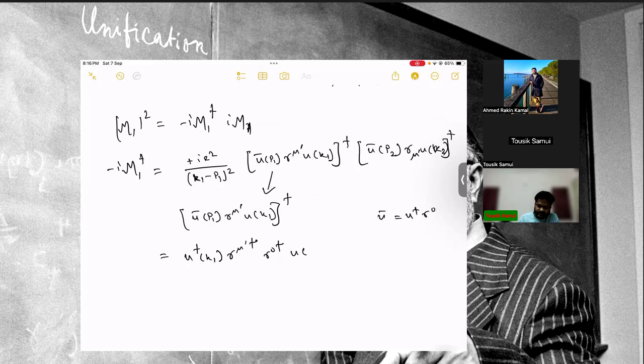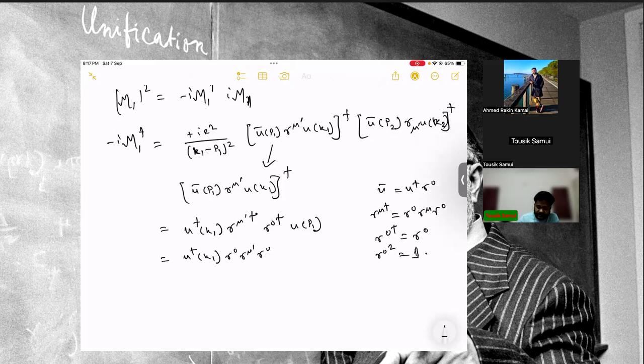And now if we remember some more relation, which is that gamma mu dagger is nothing but gamma naught gamma mu gamma naught, then we can write it as U dagger U1 gamma naught gamma mu prime gamma naught. And this same relation will give us that gamma naught squared is identity in this spinor space.